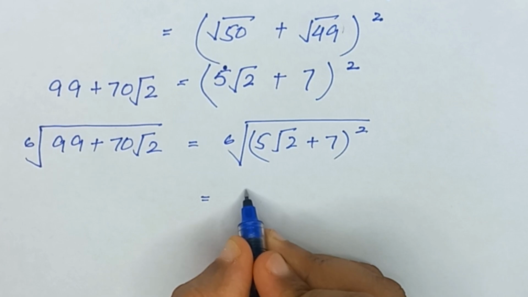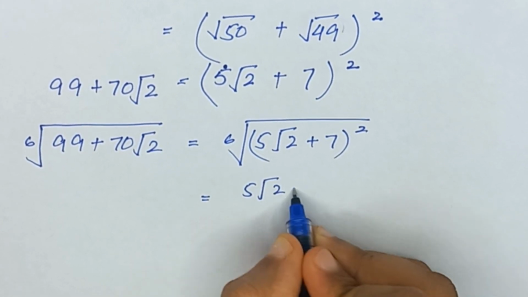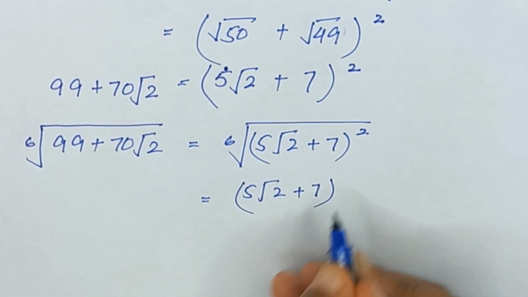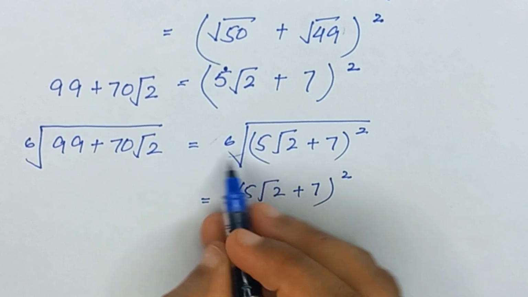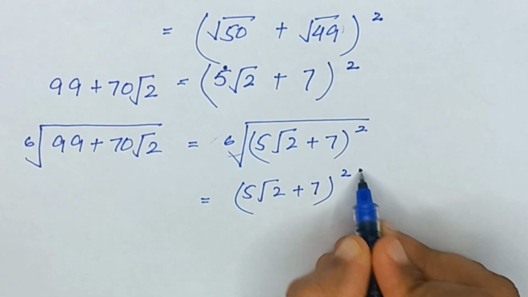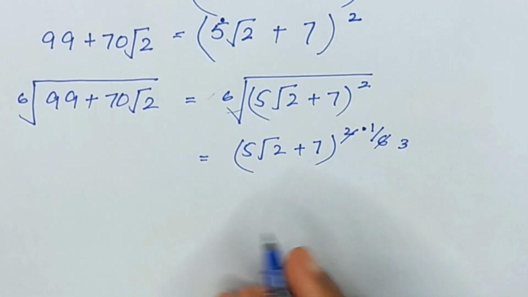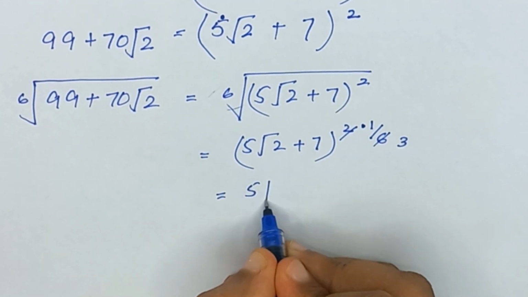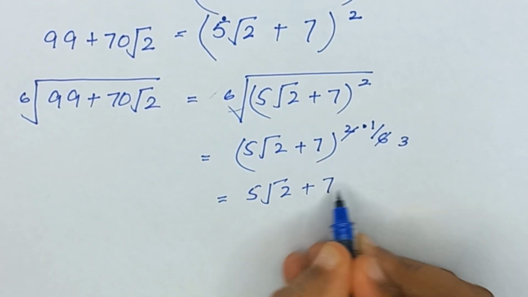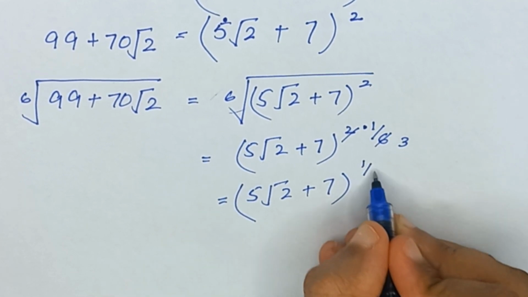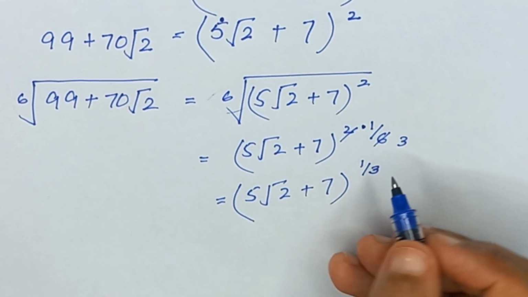The sixth root can be written as power 1 divided by 6, so 2 divided by 6 gives us 5 square root of 2 plus 7 whole power 1 divided by 3.